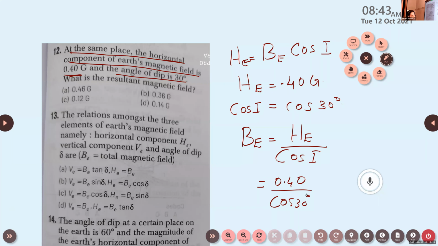What about the value of cos 30? Root 3 by 2.